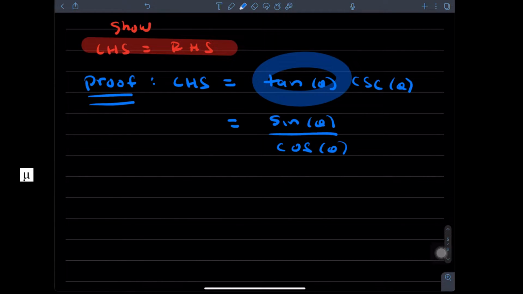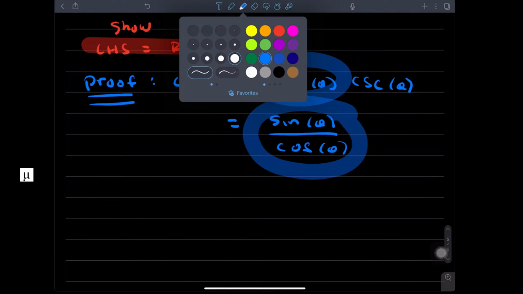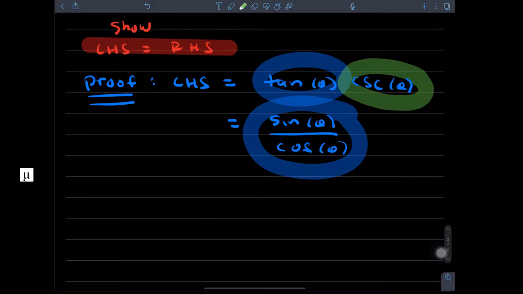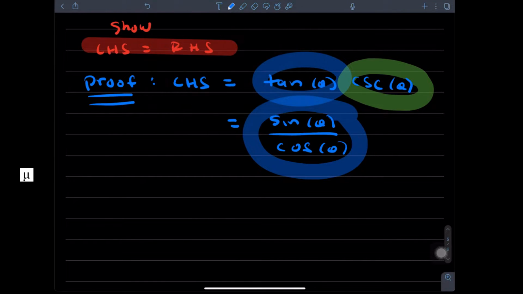Okay? And that's one thing I can use. Sine theta, cosine theta. Is that true? And I'm going to say to you guys as well, I see another thing I can use. What do I know about cosecant theta? What's that identity? Isn't it 1 over sine theta?